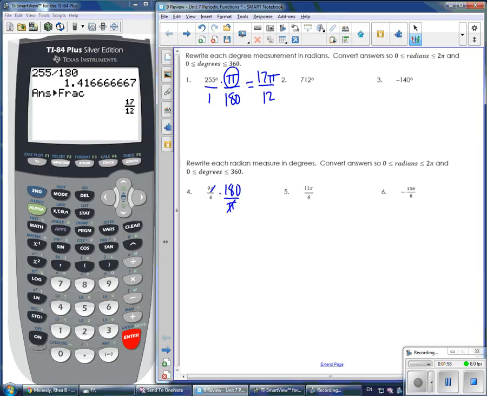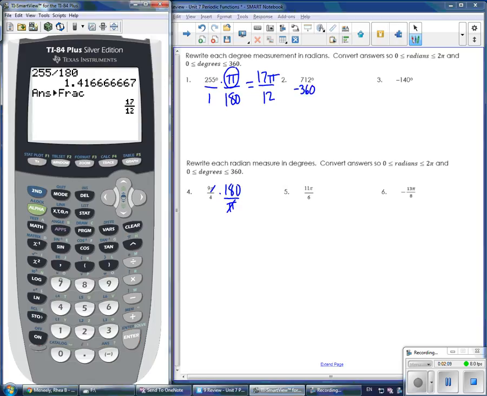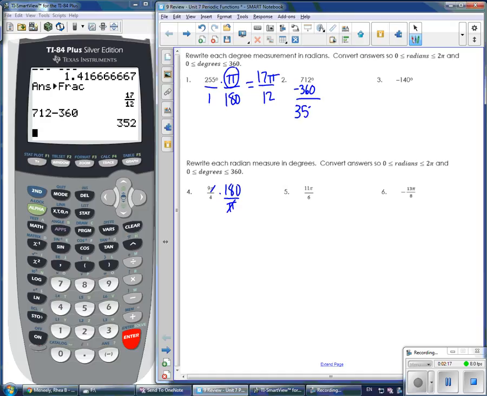In number 2, we're starting off with 712 degrees. Well, 712 degrees is way beyond 360, so we have to adjust it first. Since it's too big, we subtract 360. So if we take 712 and subtract 360, we get 352, and 352 is on the unit circle.